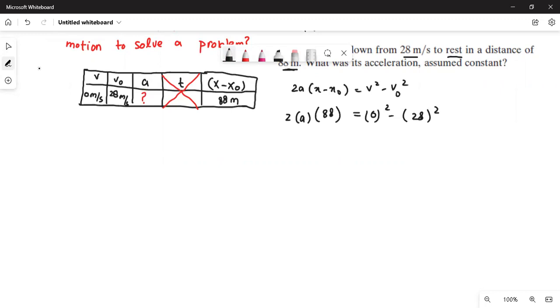Now you will multiply 2 with 88. What's the answer? Do you have a calculator? Yes, sir. Okay, try it. Multiply 88 times 2. It's 176. 88 times 2 is 176.